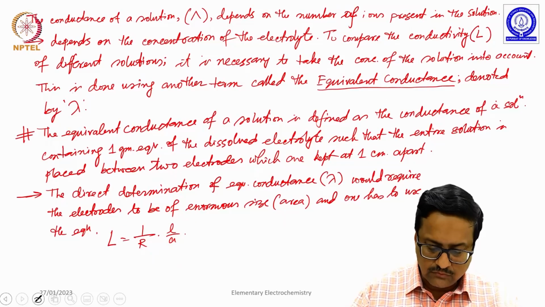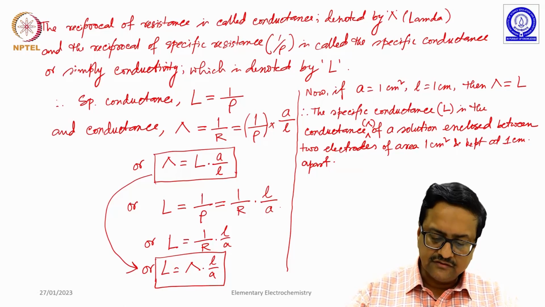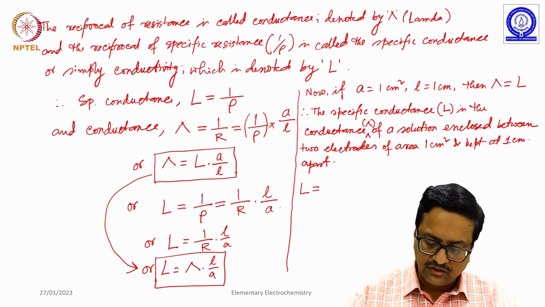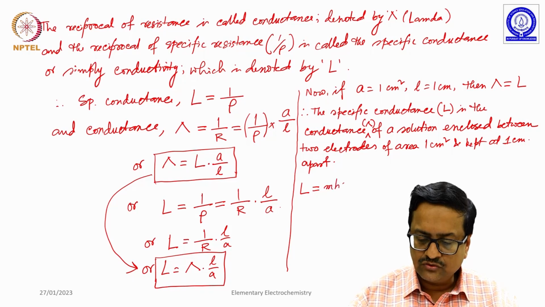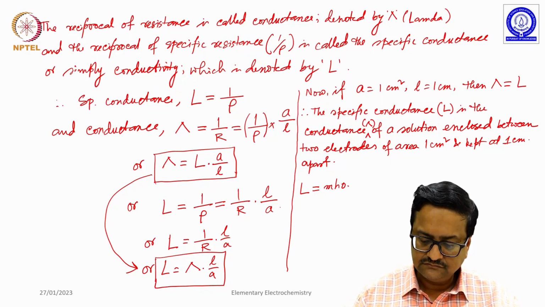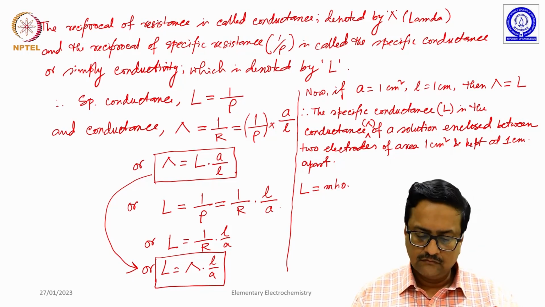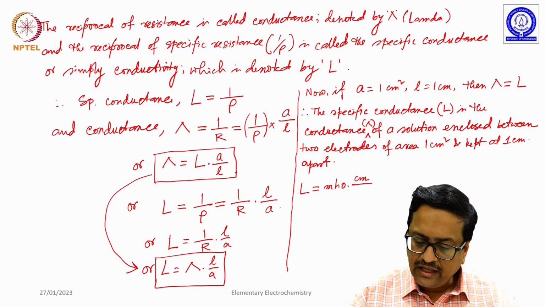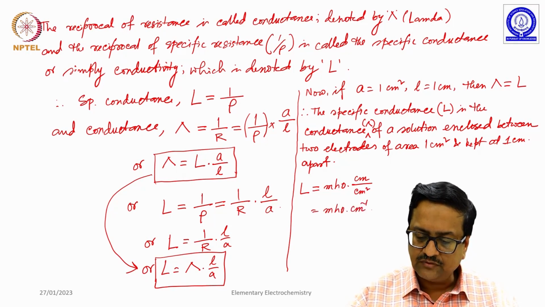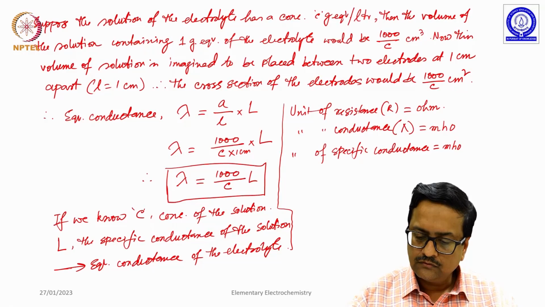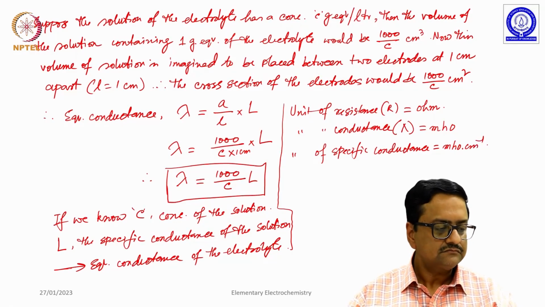If you go back two slides, this is capital L. So, L will have the unit of conductance, mho, into the unit that comes from l by A. l is in centimeter, A is in centimeter square, so the unit becomes mho per centimeter, that is, mho centimeter inverse.